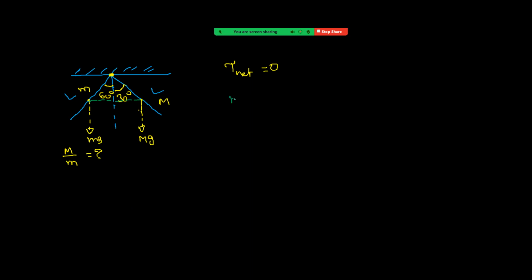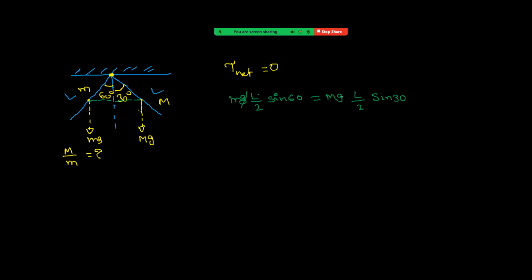So it is now mg into L by 2 because this weight is acting at the center of mass. Distance is now L by 2. So this will be now L by 2 sine 60. That should be balanced by mg into L by 2 sine 30.